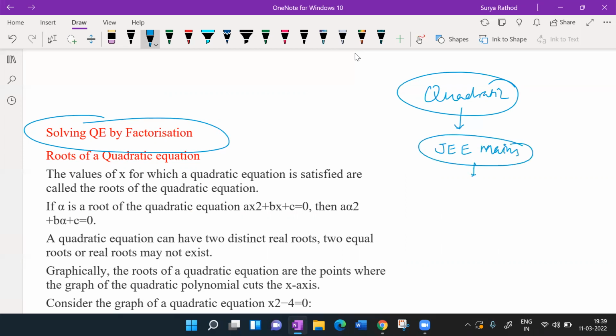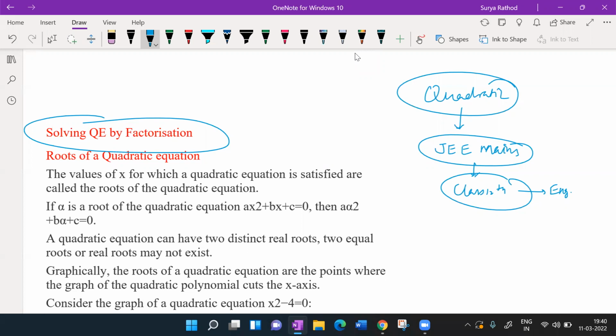JEE Mains is the exam you write after class 12 for doing engineering, BTech, BE, BArch. If I write JEE Mains, we will be getting into NITs.